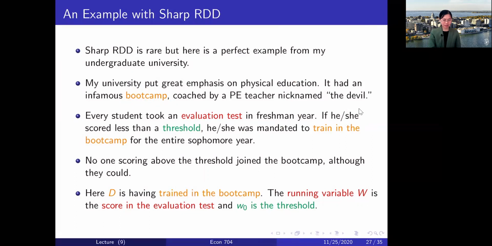This bootcamp is according to an evaluation test that every student takes in the freshman year. If the student's score is less than a threshold, then the student was mandated to train in the bootcamp for the entire sophomore year.